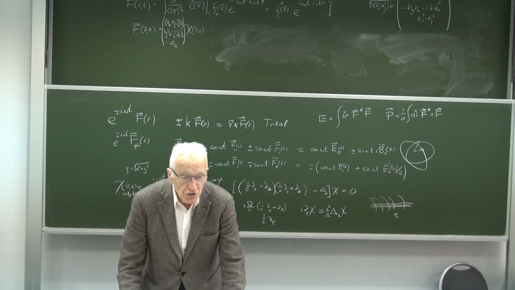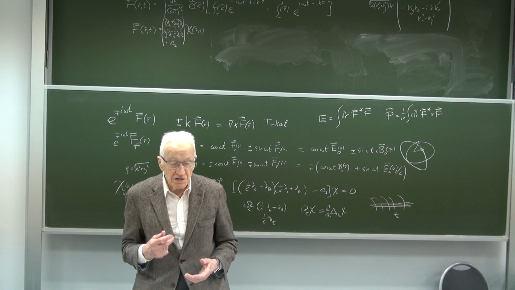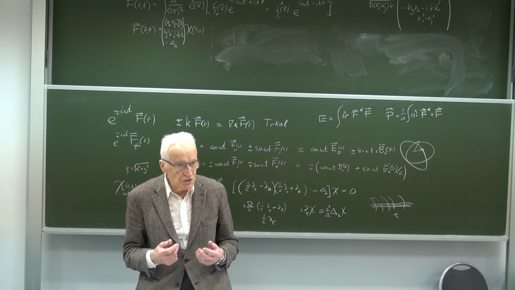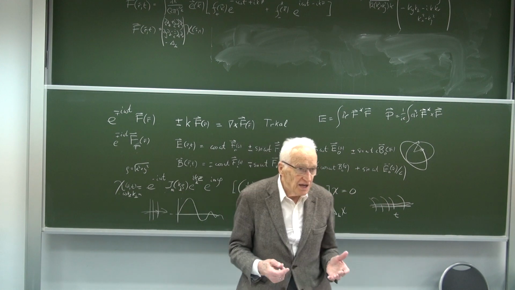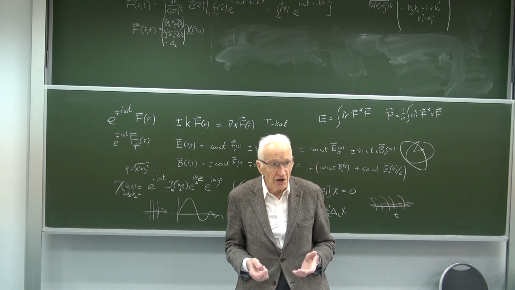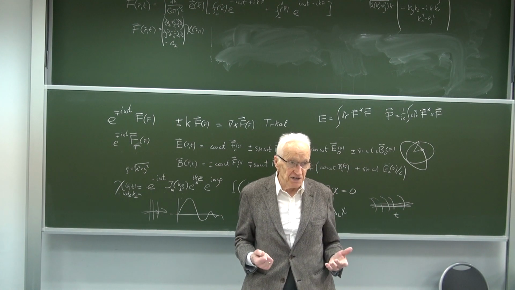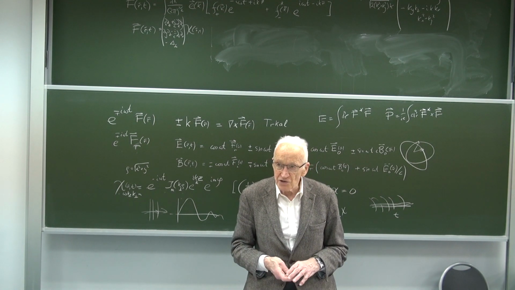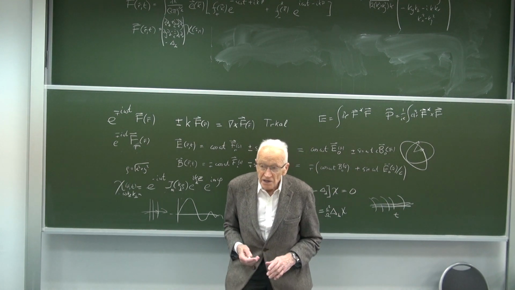And when you have a solution that is a bunch of these closed lines, you may expect that such a solution will have some stability properties because of the fact that you cannot break these vortex lines.